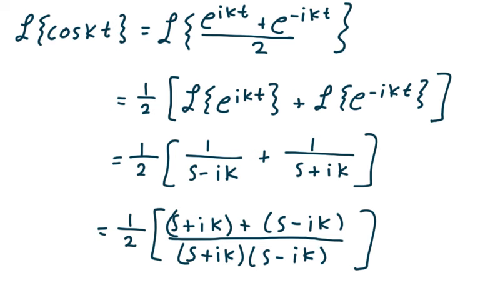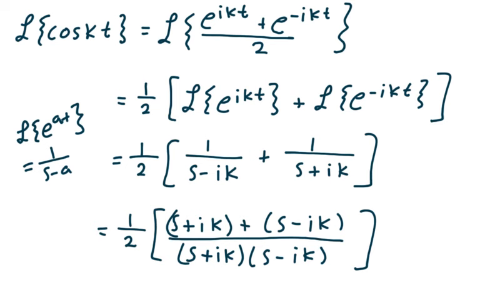So I'm just relying on this formula, this one, right? The Laplace transform of e to the at is 1 over s minus a. I'm relying on that the whole time so far. So this is 1/2 the quantity, s plus ik plus s minus ik divided by s plus ik times s minus ik.